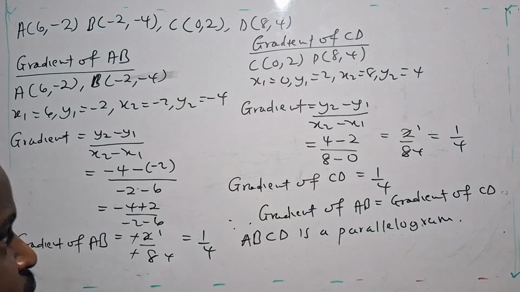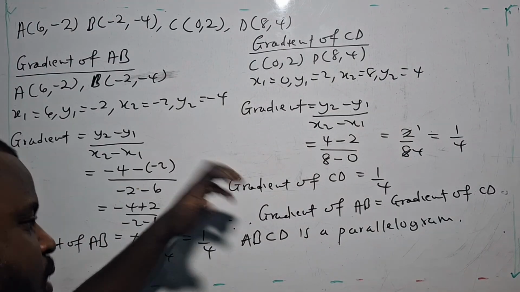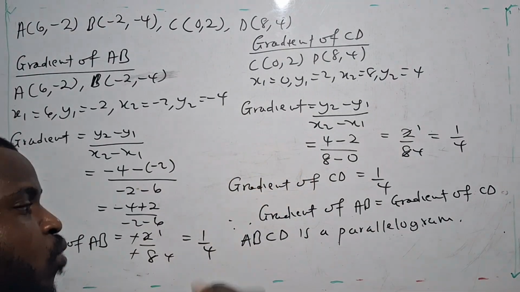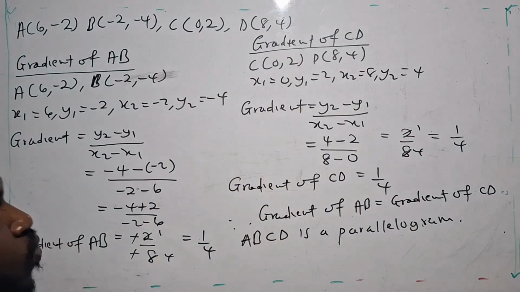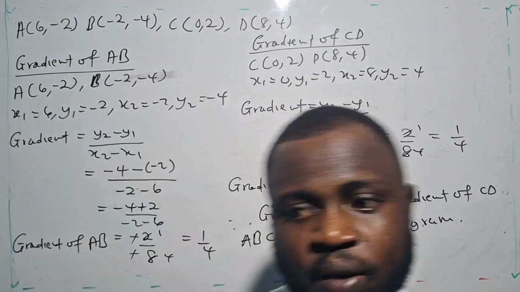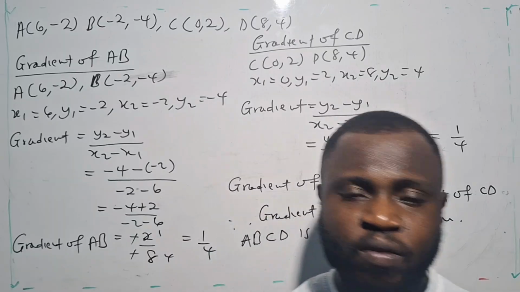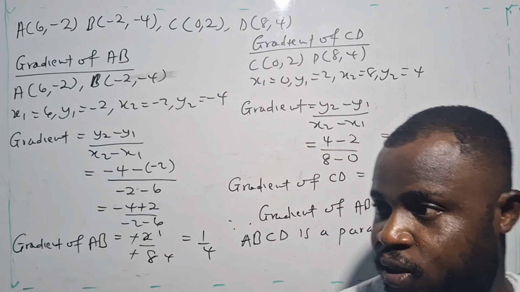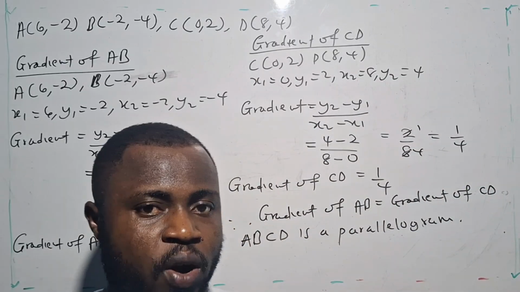So when you see any question that says show that these points are vertices of a parallelogram, this is how we solve it. Find the gradient of each pair, then compare them. If they are the same, they are vertices of a parallelogram. If they are not the same, they are not vertices of a parallelogram.